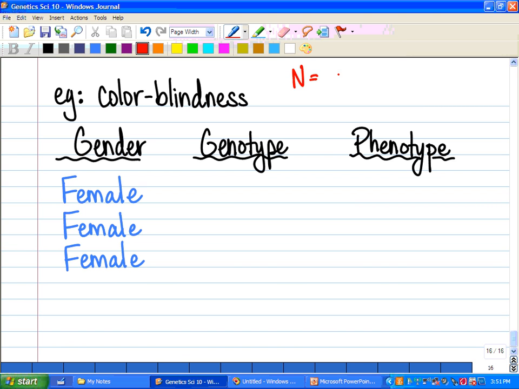N represents normal vision. It's completely dominant, and then lowercase n. I'm doing this in red and green, by the way, so if you can't tell the difference, maybe you are colorblind. Little n is colorblind. So that's the allele that leads to color blindness.